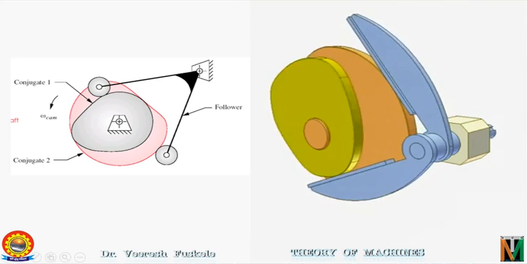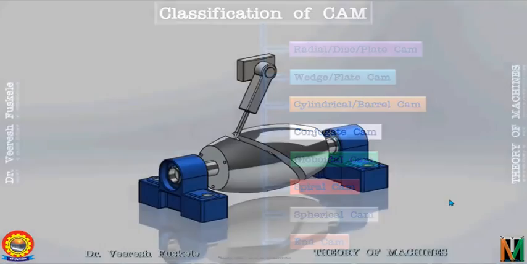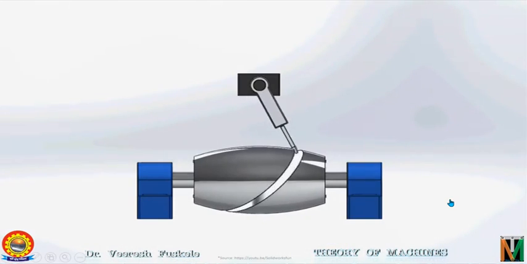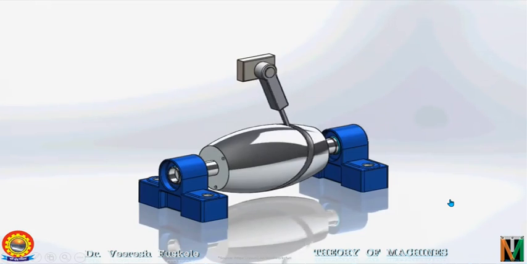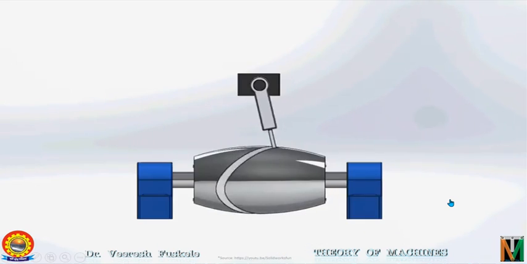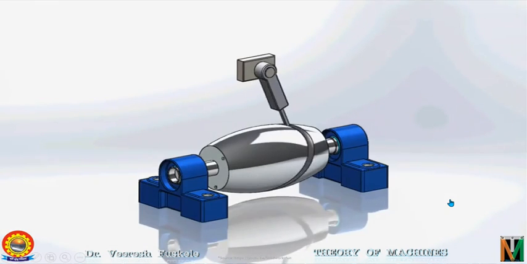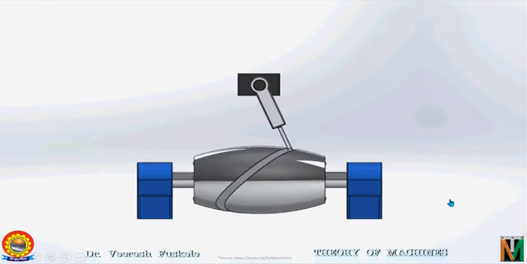Moving ahead, next we have Lowboydle cam. This is a variation of cylindrical cam. In this case also, the contour is cut over the surface of the cam. A Lowboydle cam can have two types of surfaces, convex and concave. A circumferential contour is cut on the surface of the rotation of the cam to impart the motion of the follower, which has an oscillatory motion.